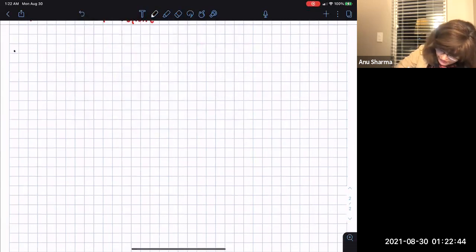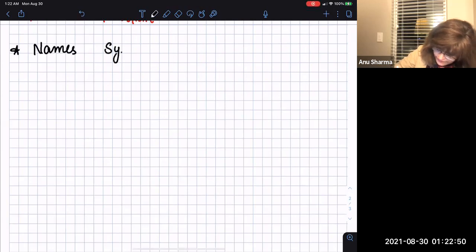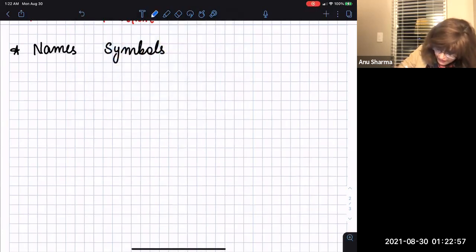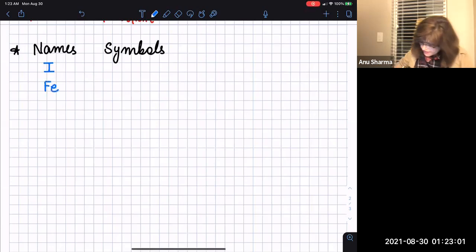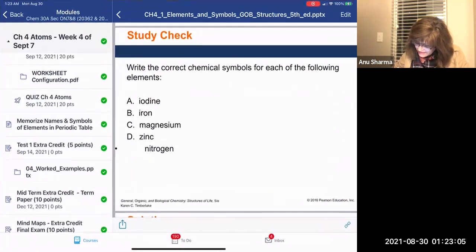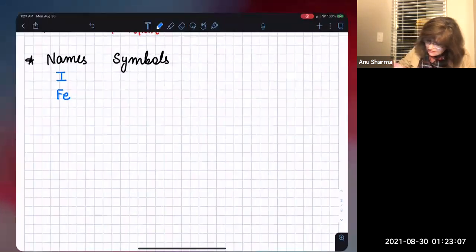First of all, the names and symbols. So the question is, write the names and the symbols of iodine, iron, magnesium, zinc, nitrogen.